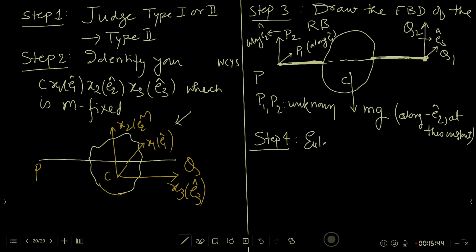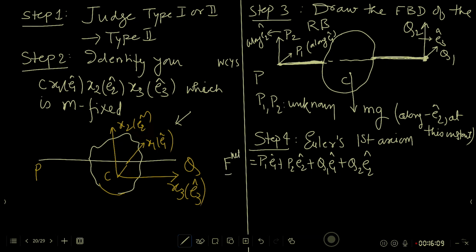Euler's first axiom. Euler's first axiom tells me that P1 E1, P2 E2, Q1 E1, I'm talking about net force acting on my RB, plus minus mg E2.